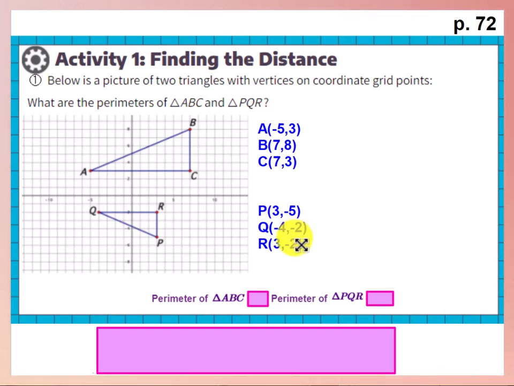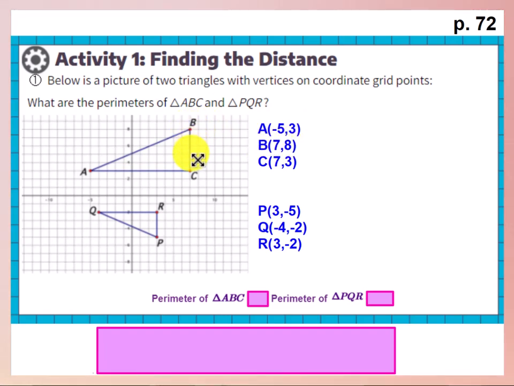And then, oops, I think I did this wrong. Okay, point P is actually 3, go down 1, 2, 3, 4, 5. I did that right. Point R is to the right 1, 2, 3, and down 2. I thought maybe I had got those mixed up. So check and double check, get those coordinates written down correctly. And then we're simply going to find the distance between those 2 points.